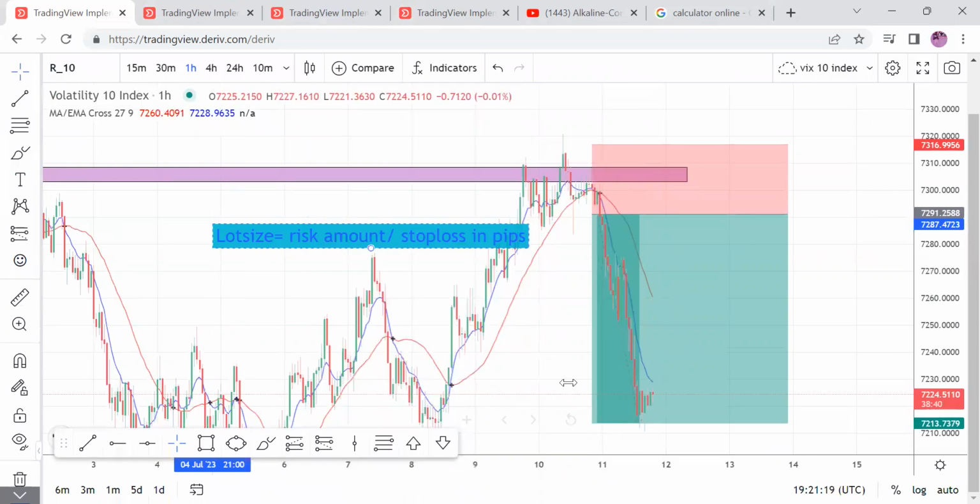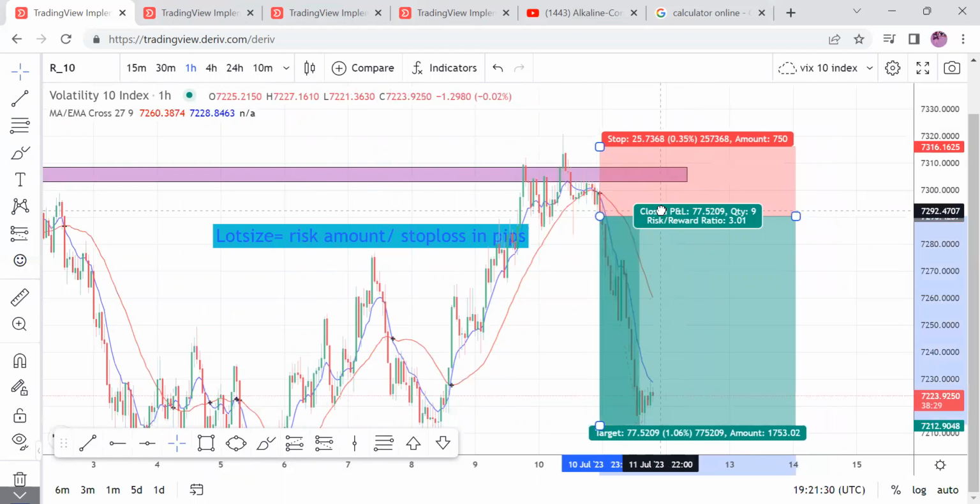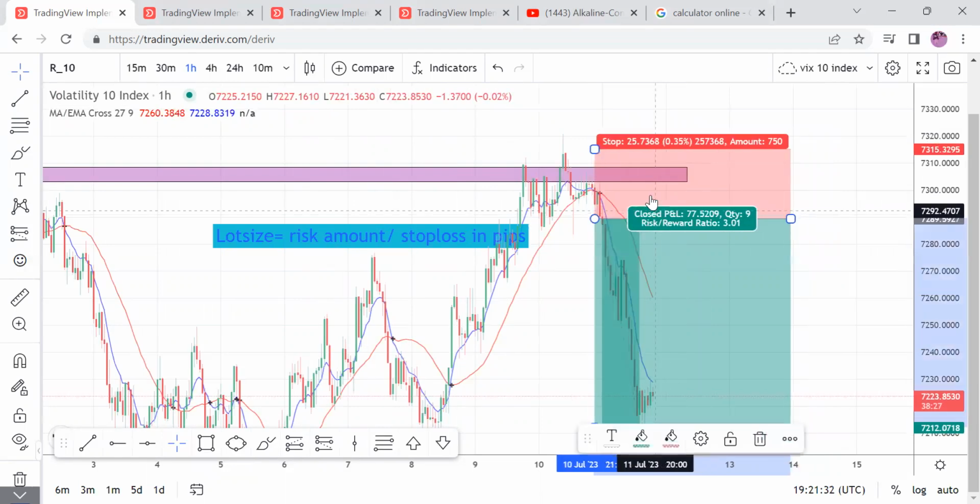All right, so that's how we get the lot size. That's the formula. So if we look at this setup using, this is called, you should have known by now, our short position tool.